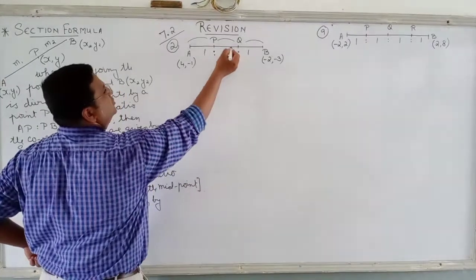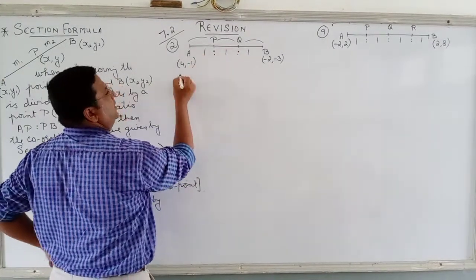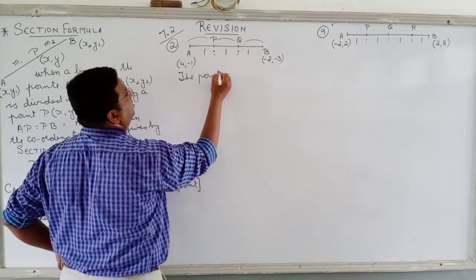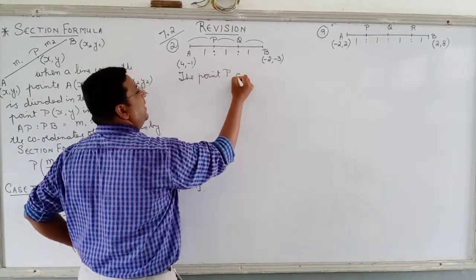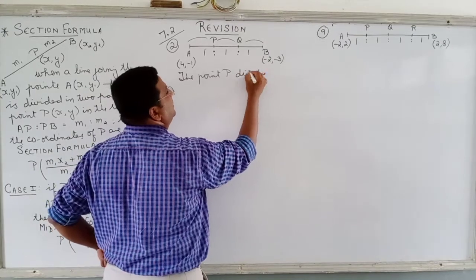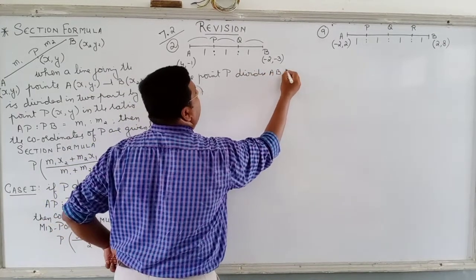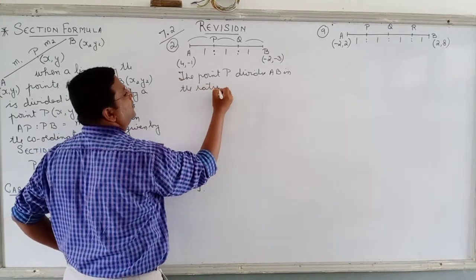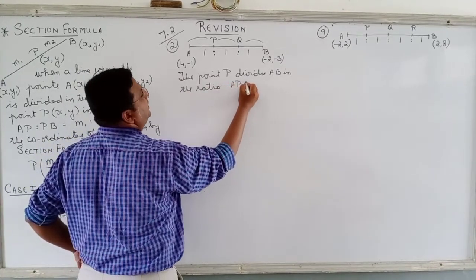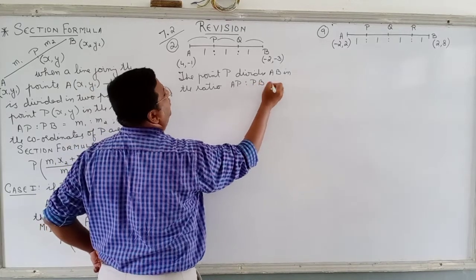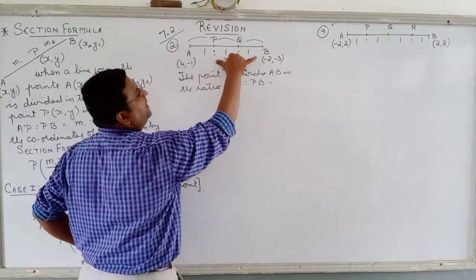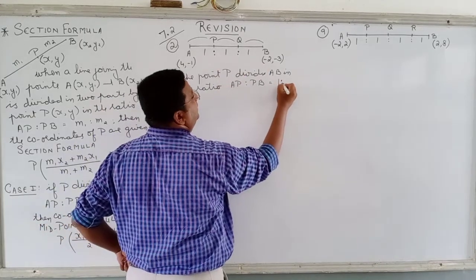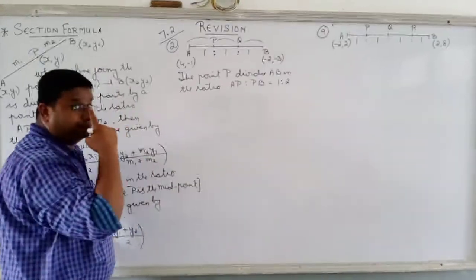Let us talk about this point Q or P first. The point P divides AB in the ratio AP is to PB. Check now. AP is to PB, 1 is to 2. Yes or no?